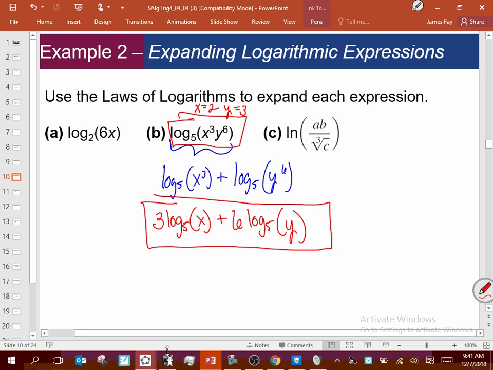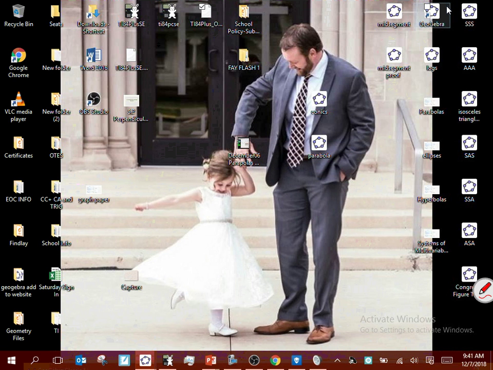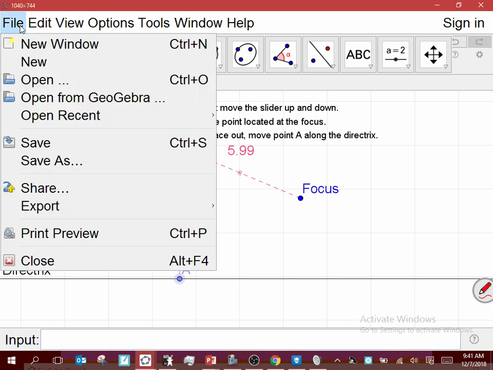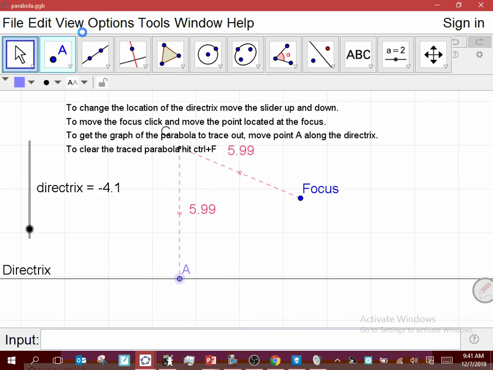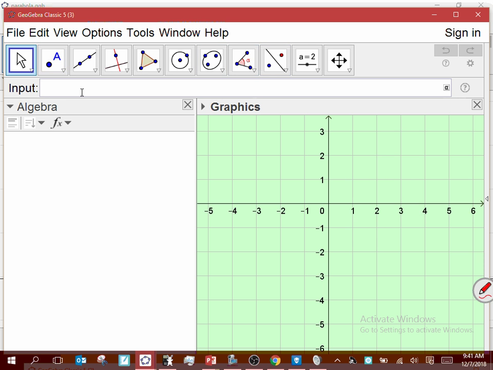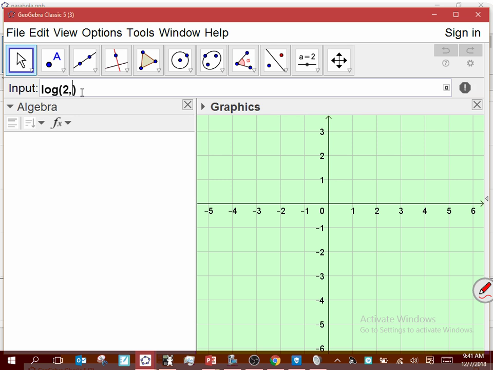I think something that's valid to talk about, if I can get that back, I split it down too far. Let's see this one. Let's just do that first one real quick. Log base 2 of 6x.